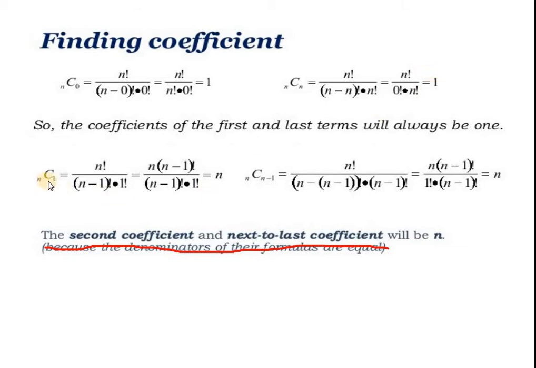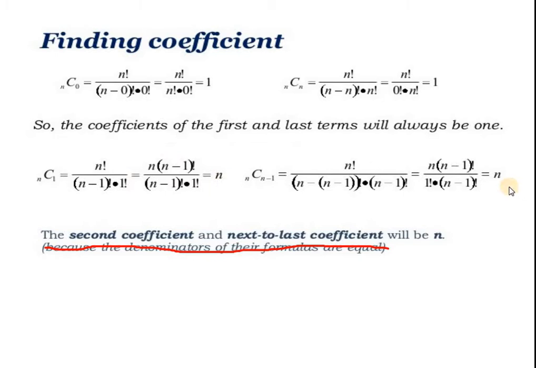Similarly, nC1 is the second binomial coefficient from the beginning, whose value is equal to n, and nC(n minus 1) is the second binomial coefficient from the end side, and its value is also equal to n. Thus we can say that the binomial coefficients from the beginning and end have the same value.